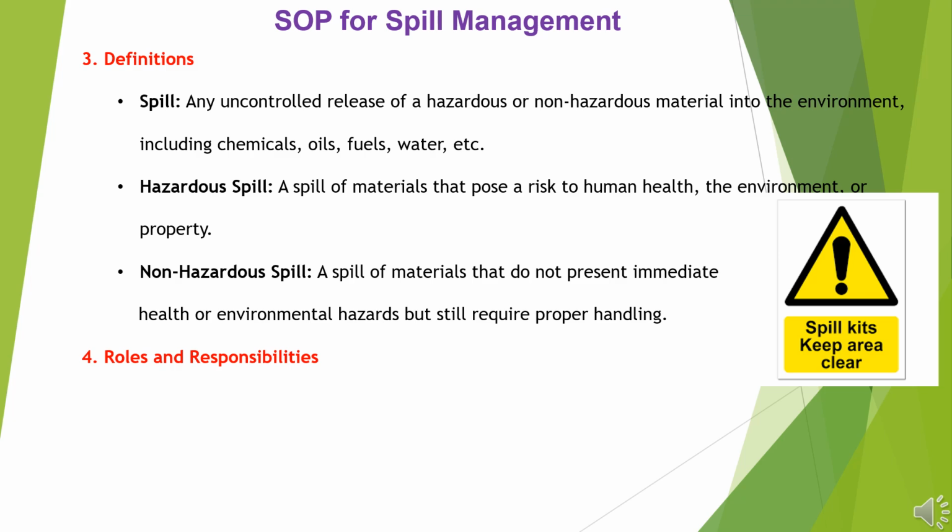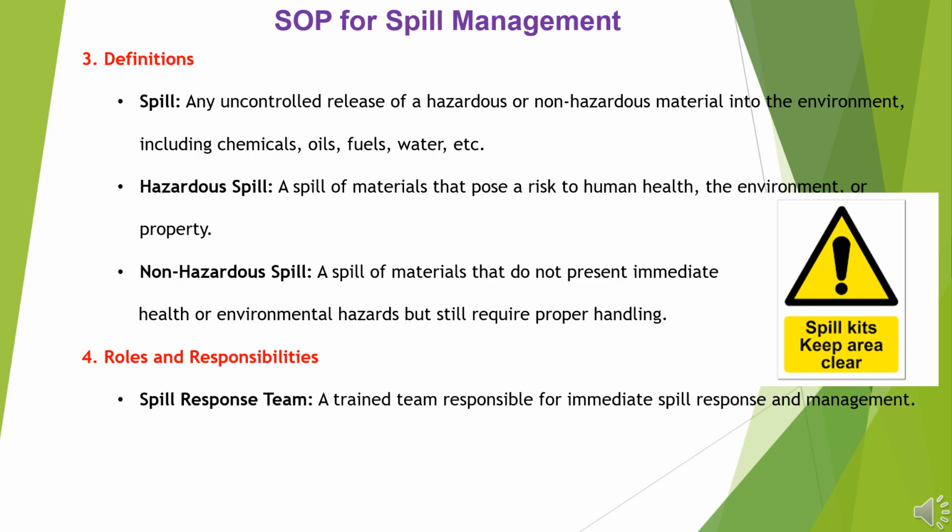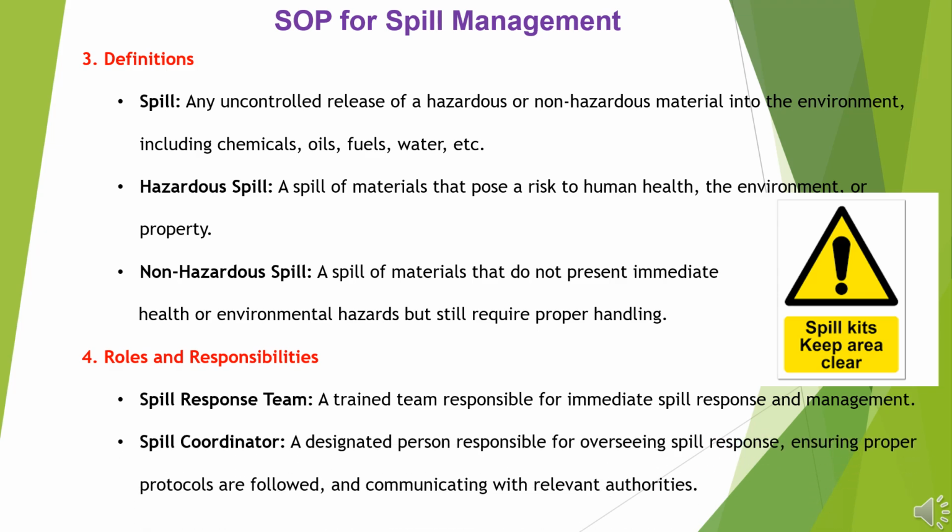4. Roles and responsibilities. Spill Response Team: a trained team responsible for immediate spill response and management. Spill Coordinator: a designated person responsible for overseeing spill response, ensuring proper protocols are followed, and communicating with relevant authorities.